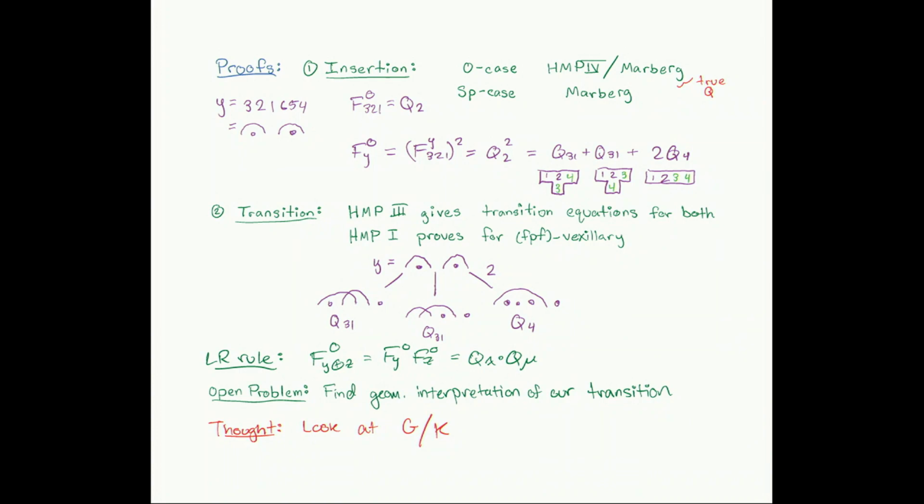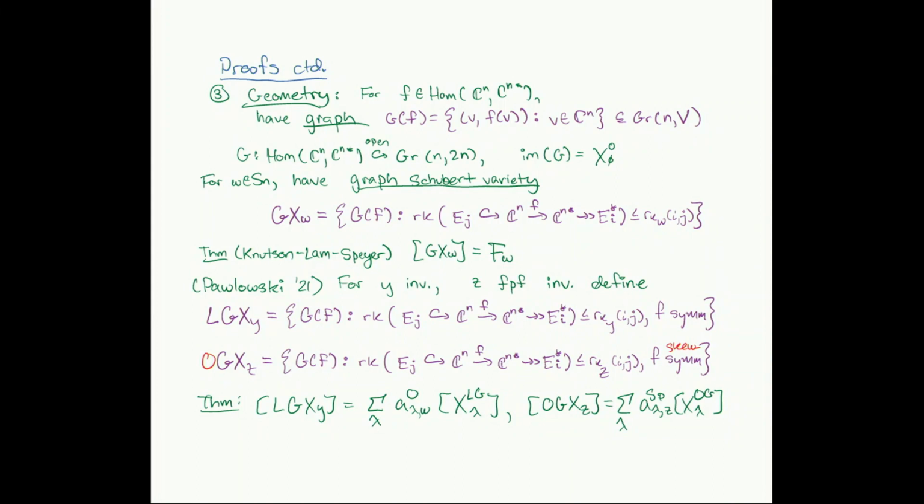All right. Now there's also a geometric context where this appears. And to do that, we're going to introduce something very closely related to what Dave was talking about at the end of his talks, which are graph Schubert varieties. So why do we call it the graph? Well, when you draw a graph, you're plotting the input and the output.